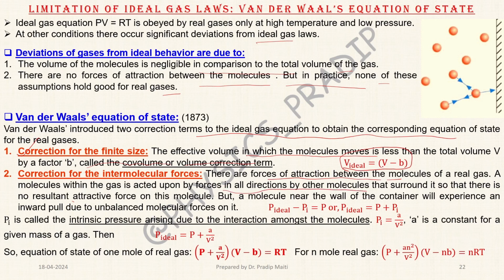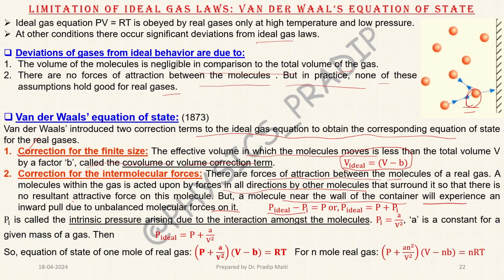So for a gas molecule inside the container, the pressure from all directions is equal, but a molecule near the wall of the container, like in this figure, will experience an inward pull due to unbalanced molecular forces.